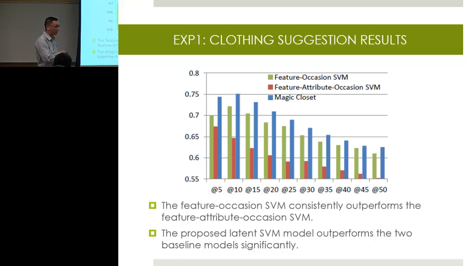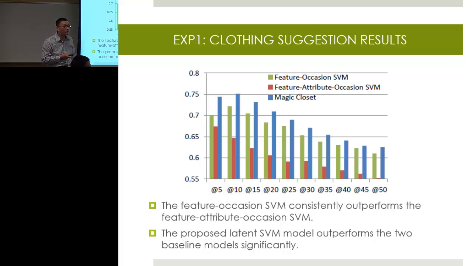The magic closet latent SVM includes the relationship between the attribute and the occasion, and the attribute and the low-level feature. So this describes how to wear properly. But how to wear elegantly means the relationship between the attributes.